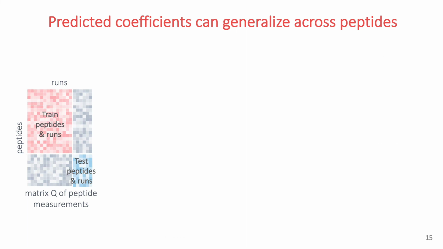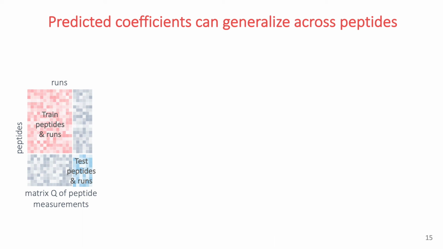Finally, we moved on to the key and most challenging task, predicting for new peptides occurring in new proteins. For this experiment, we first split all the unique proteins in our datasets into train and test sets, and accordingly defined the set of all train peptides occurring in train proteins and test peptides occurring in test proteins.